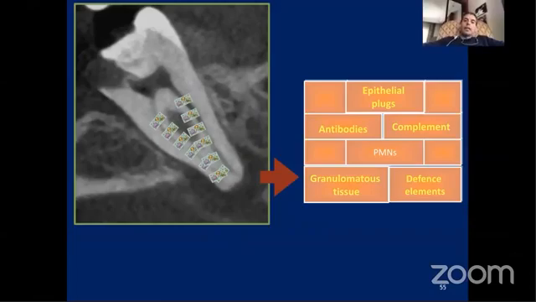So when I get rid of those microbes by cleaning, shaping, and obturation, those immunity cells will disappear gradually, and then this wall will stop.